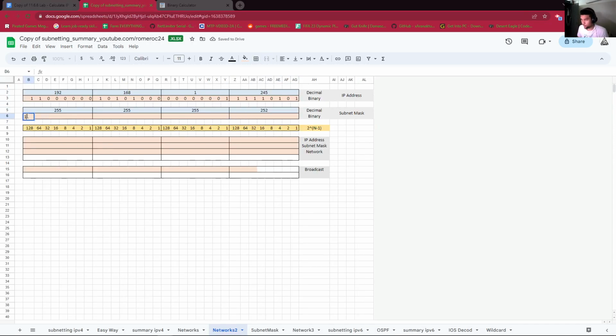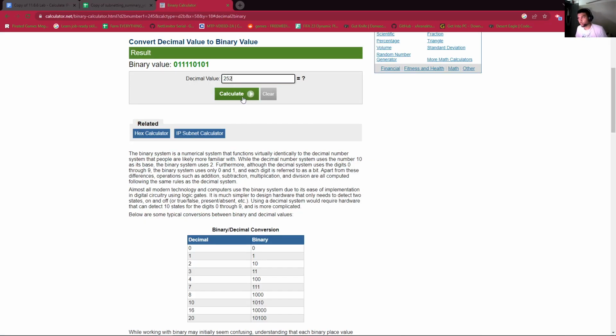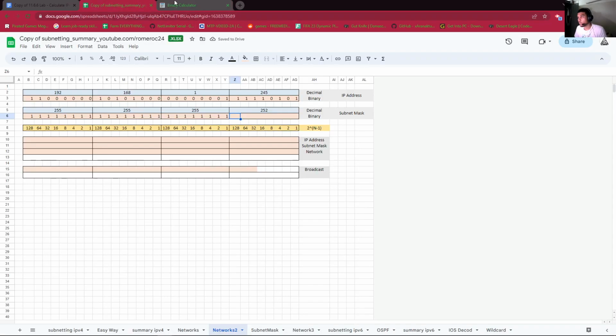Change it into binary. Then what we need to do next is copy the binary of the IP address and put it here, and copy the binary of the subnet mask and put it right here. Everything that is multiplied with 1, we get the same answer as the top, so we just copy this. Then multiplied with 0, we will get 0 and 0.